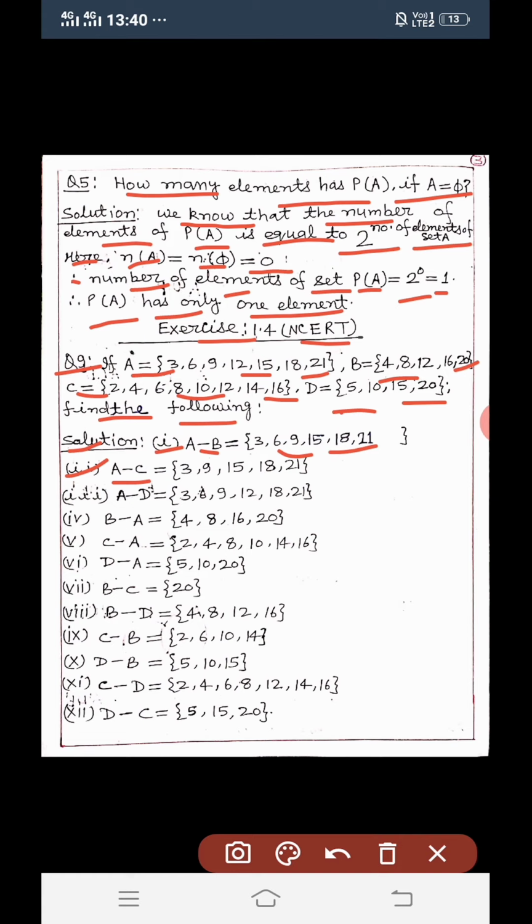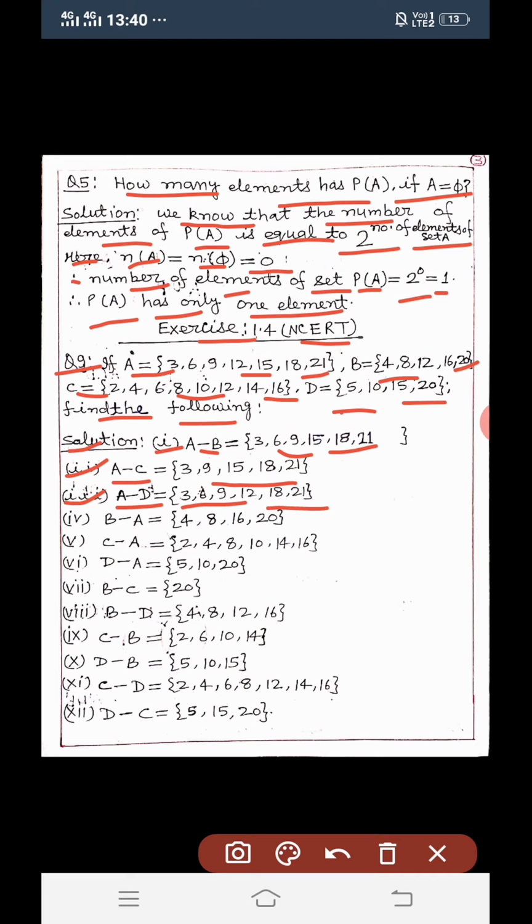In set C, the elements 6 and 12 also belong to set A. So we subtract these elements from set A, we get A minus C equal to {3, 9, 15, 18, 21}. Similarly, A minus D is equal to {3, 6, 9, 12, 18, 21}.